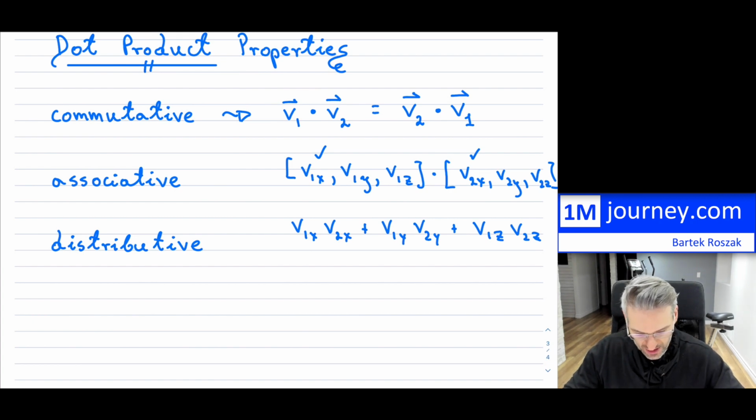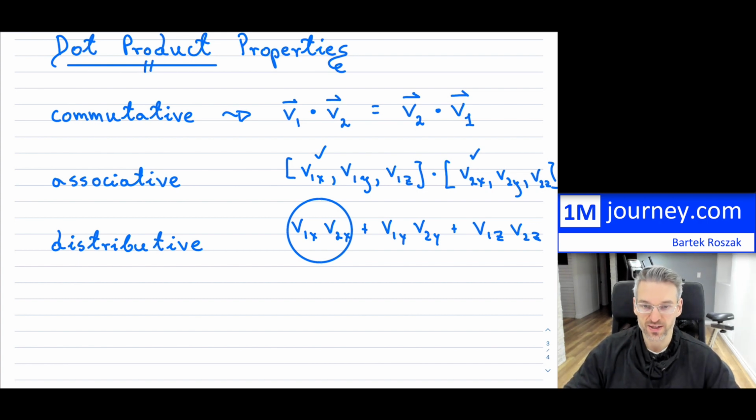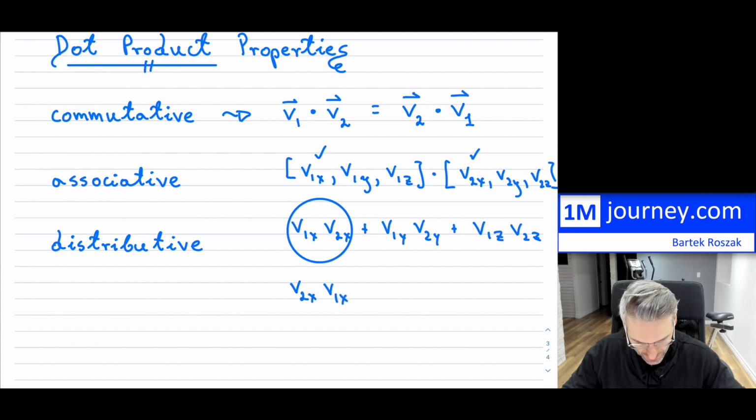Now, obviously, each of these is just multiplication of two scalars, so for the x components, this is the same thing as saying v2x multiplied by v1x, and then the second one is the same thing as v2y times v1y, and then the last one is v2z multiplied by v1z.